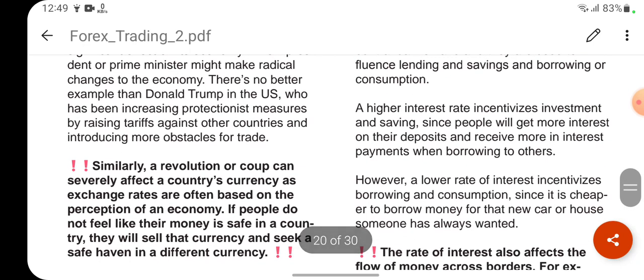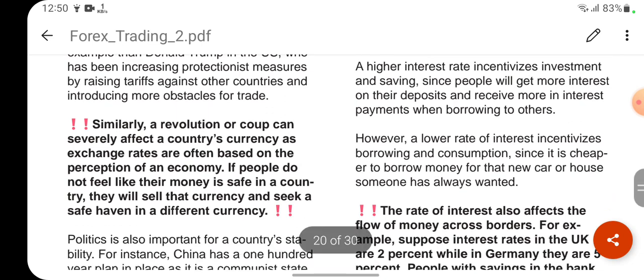A higher interest rate incentivizes investment and savings, since people will get more interest on their deposits and receive more interest payments when lending to others. However, a lower rate of interest incentivizes borrowing and consumption, since it is cheaper to borrow money for that new car or house someone has always wanted.